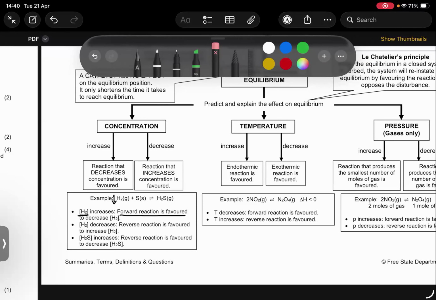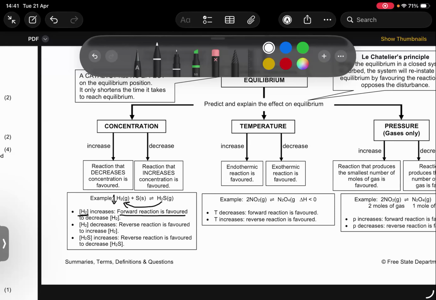The system will ensure that the amount that is taken is going to be replaced. And how is it going to be replaced? The concentration of products will be used to replace the space that is left. You get it? So it means that this H2S is going to be used to form that H2 there. Are we together?